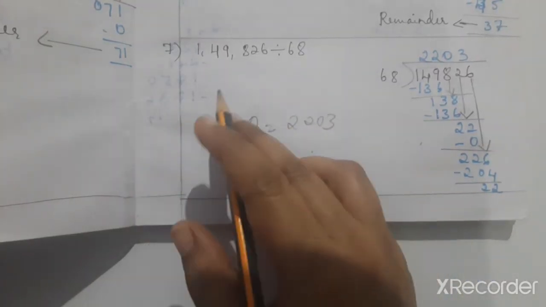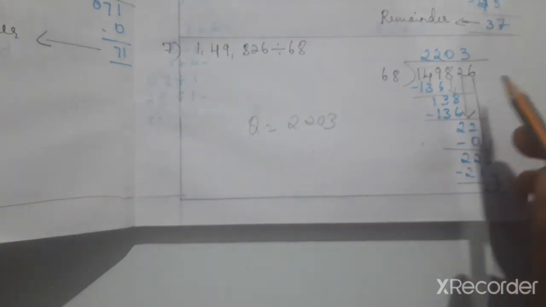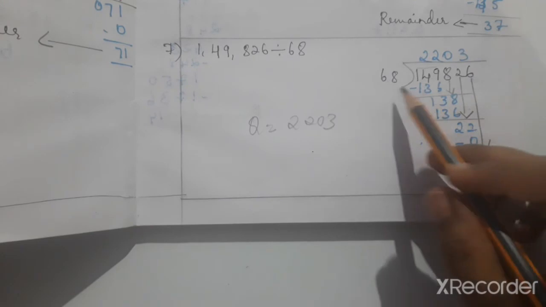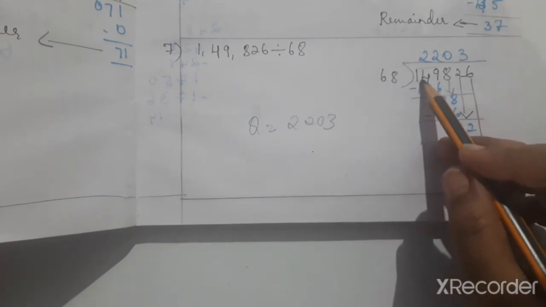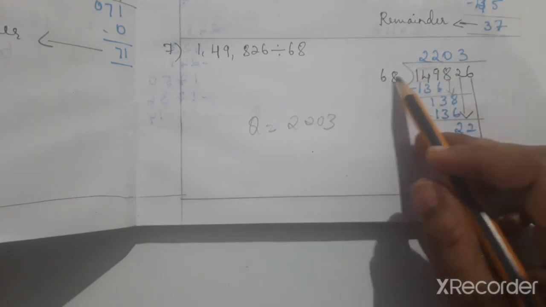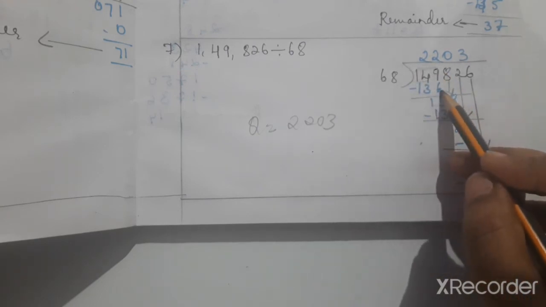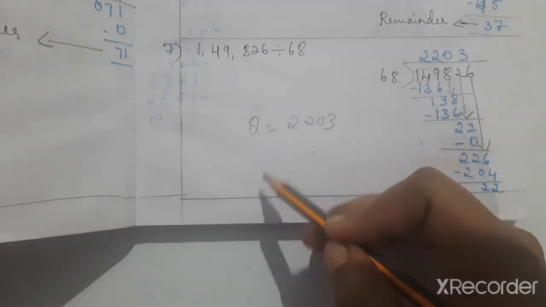Now the 7th question. 1,49,826 divided by 68. We can't take 14, because 14 is less than 68, so we have to take 3 digits. 68 times 2 is nearest to 149, that is 136, and subtract. You can multiply and check, children.